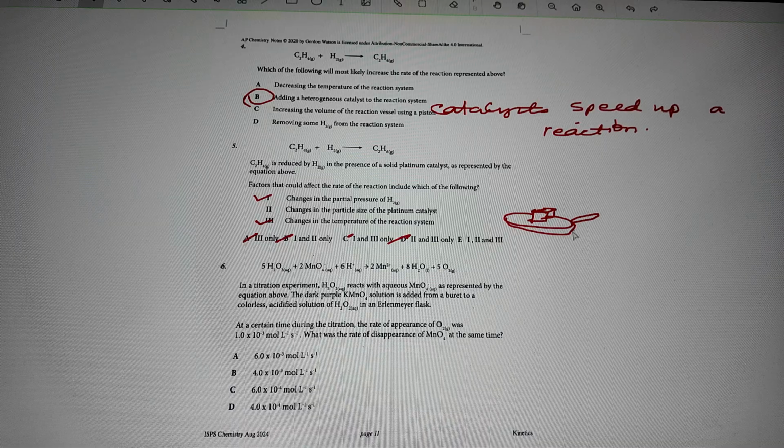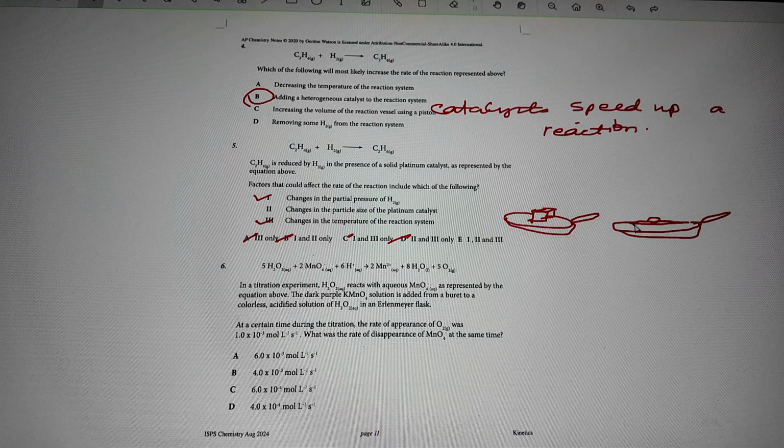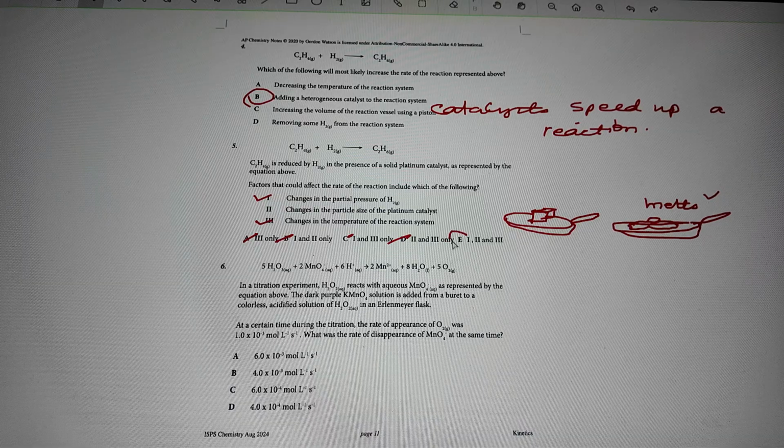Is that going to do well for your meal, or if the stick of butter starts to melt on the frying pan, will that do better for your cooking experience? It's better if it melts, right? Because then more of the surface area of the frying pan will be covered, and that'll lead to a faster reaction. So I would say it is E.